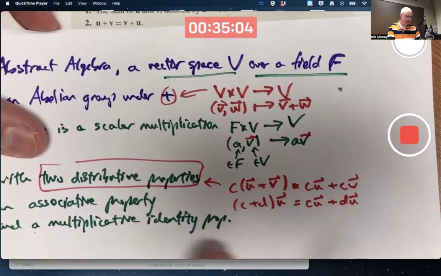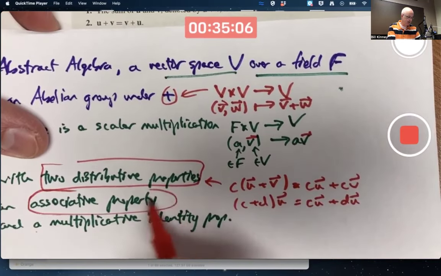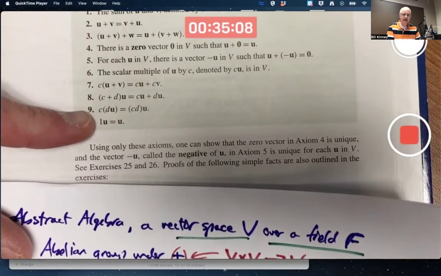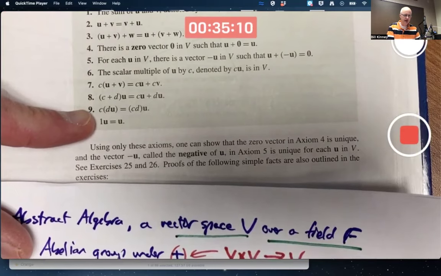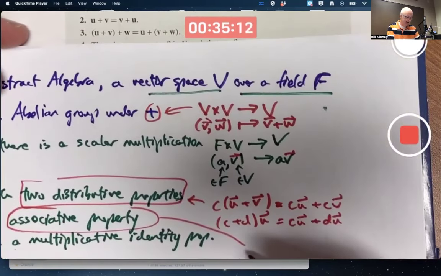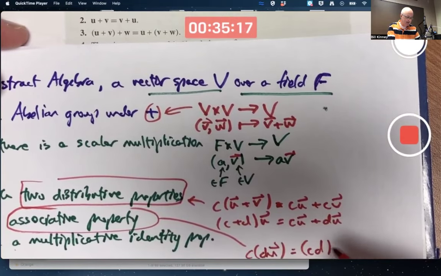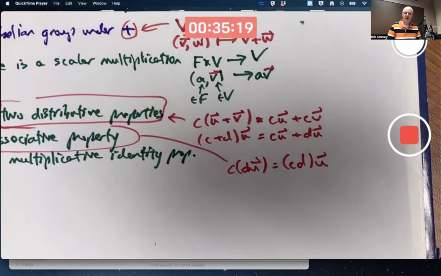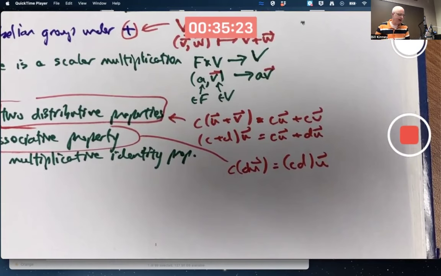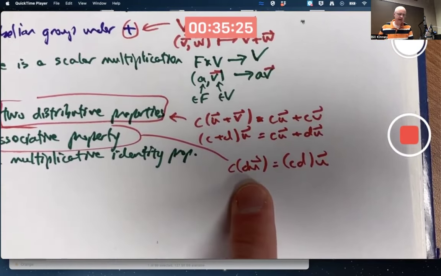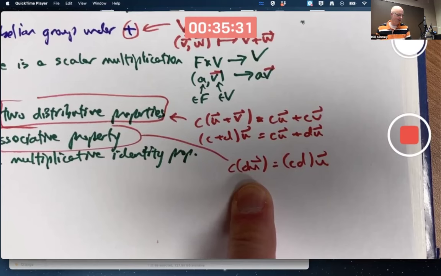The associative property is with respect to the scalar multiplication. This one here, it doesn't matter where you put the parentheses. C times DU is CD times U. You can put the parentheses either spot. And it's subtle here once again. When you look at D times U, that's a scalar times a vector, giving you a vector. Then C times that vector is another vector.